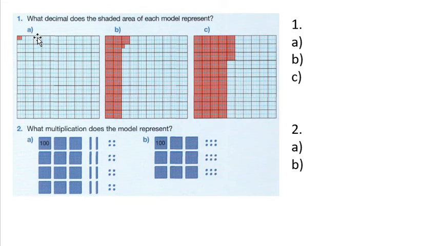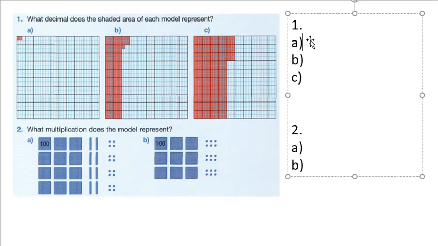And if you count the number of minuscule rectangles inside my square, there are 10 of them. For this question right here, there are 3 red slips, 3 red rectangles. So for this question, our fraction or decimal would be 0.003. I could also write this as a fraction of 3 over 1000.